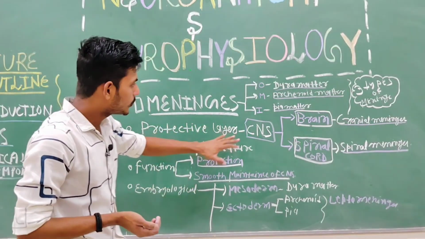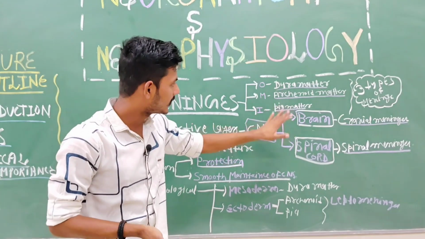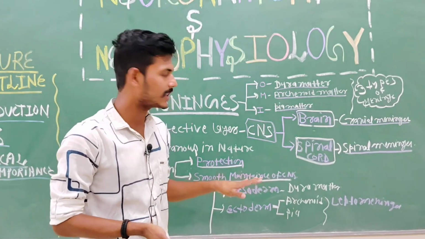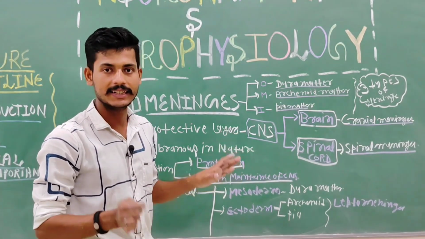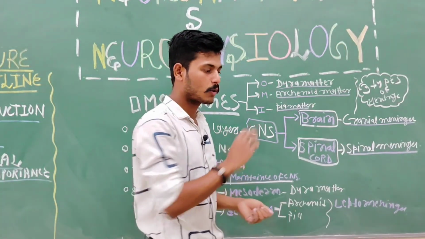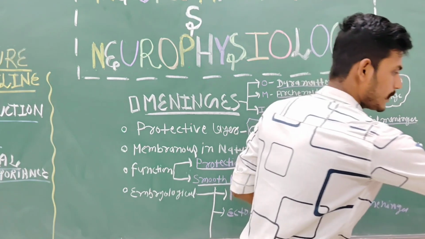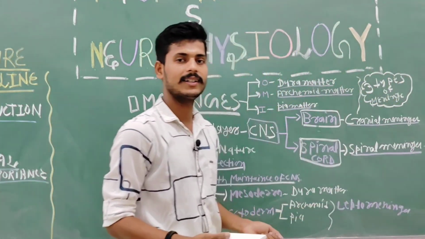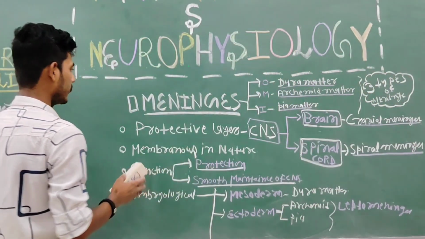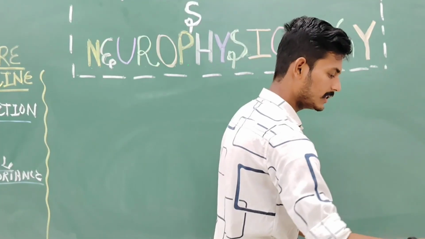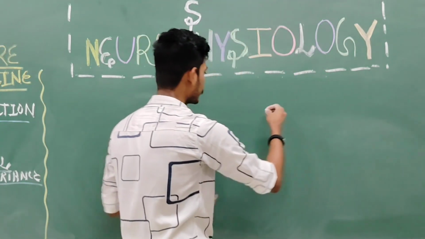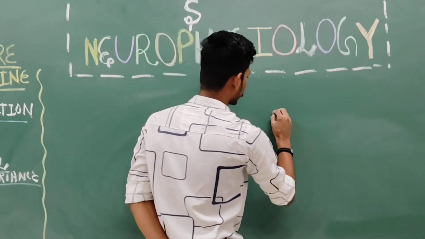Now we are going to see the location where these layers are situated, and we will also see each layer in detail. As I said, these layers create spaces, and those spaces are clinically very, very important, understood?